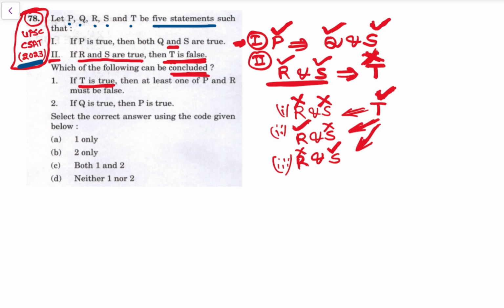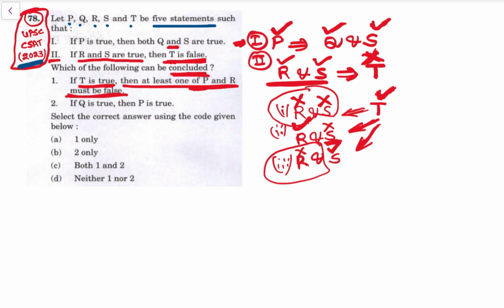So if T is true, then at least one of P and R must be false. See, at least one of P and R must be false. See, R is false, ठीक है, इस केस में, and R is false in this case. Now let's look at P and R. See, here R is true, but if R is true, then S is false, ठीक है.